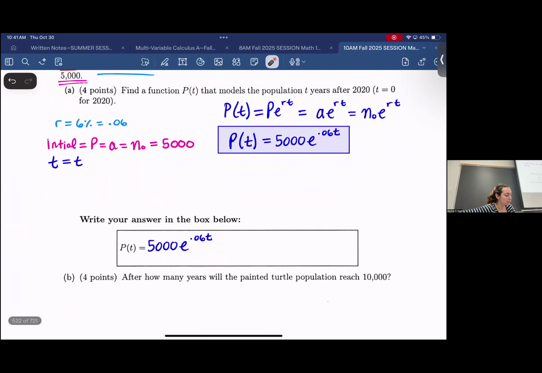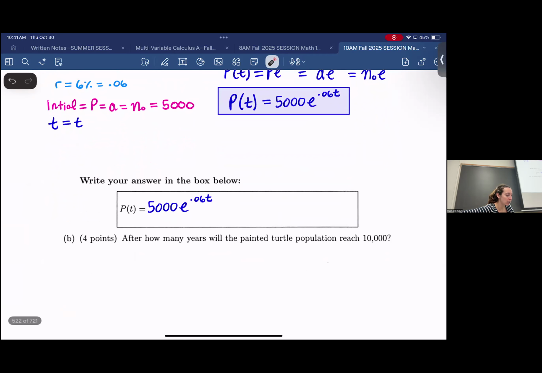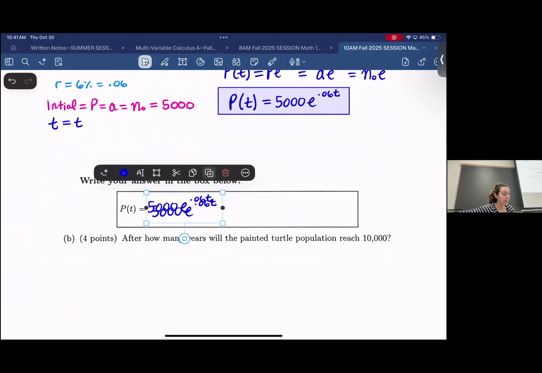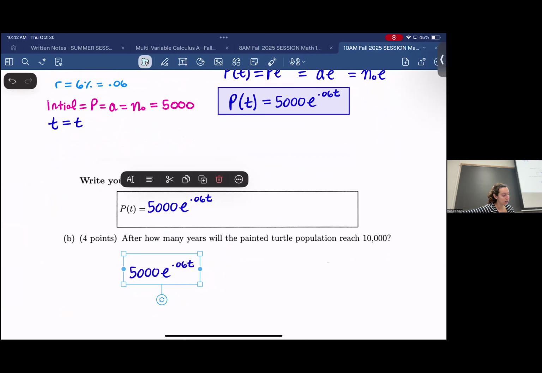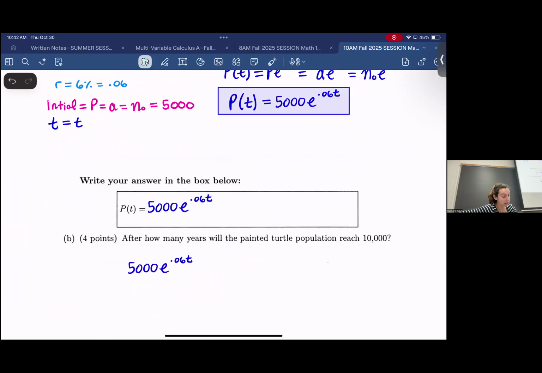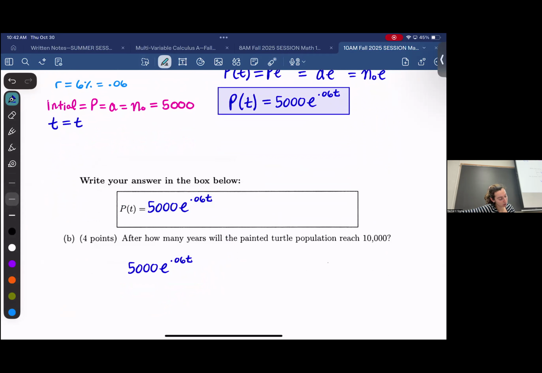All right, so part B of this is saying after how many years will the painted turtle population reach 10,000? So what we're doing now is, T is what we're finding. So after how many years we want to find T. But our P of T is going to be 10,000.